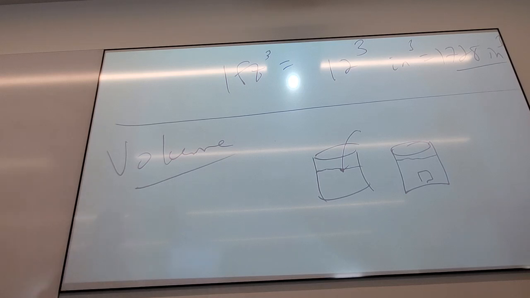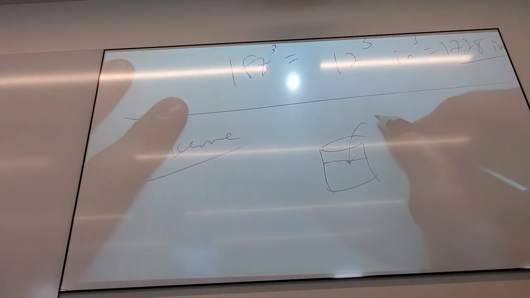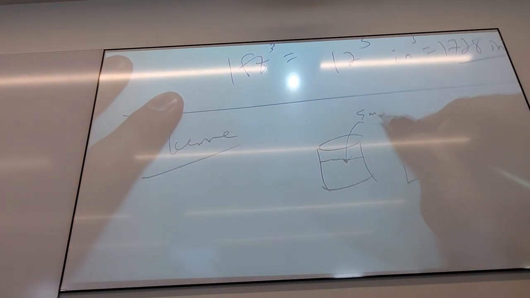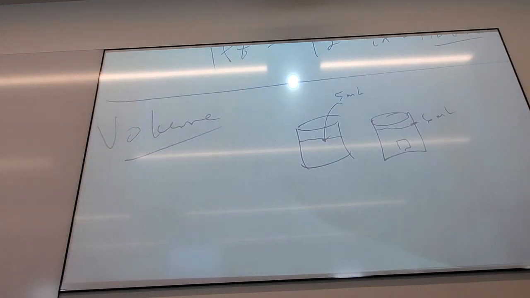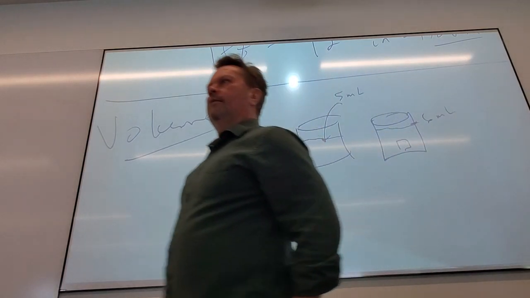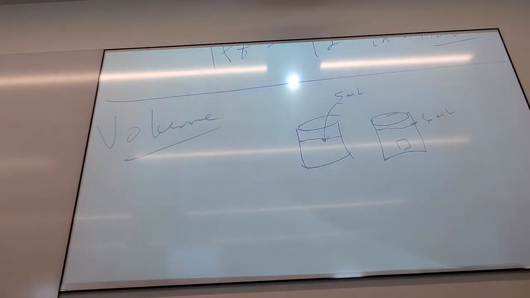So let's say before I put the object in, this tells me it's 5 milliliters. And after I put the object in, now it's at 6 milliliters. Well, what's the volume of the object? 1 milliliter. Yeah. So that's using the idea of water displacement to measure the volume of something.